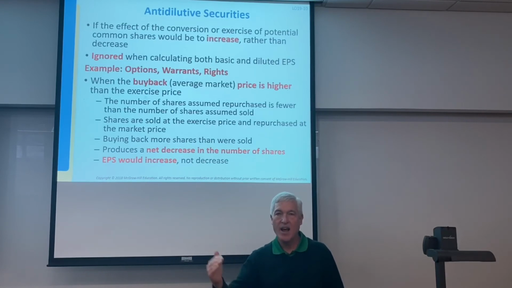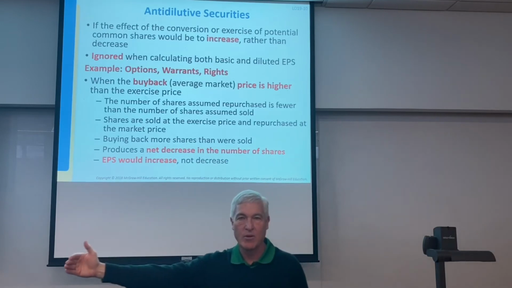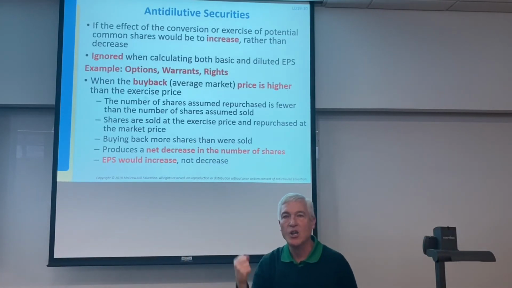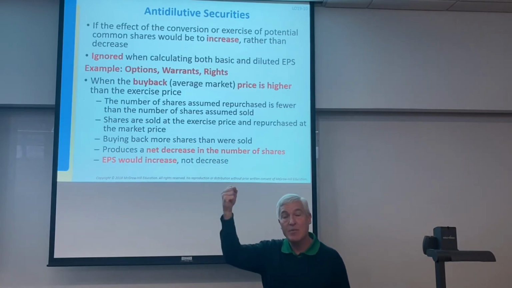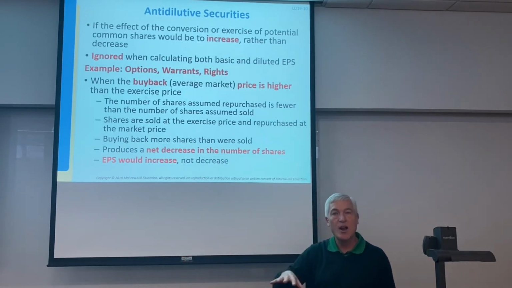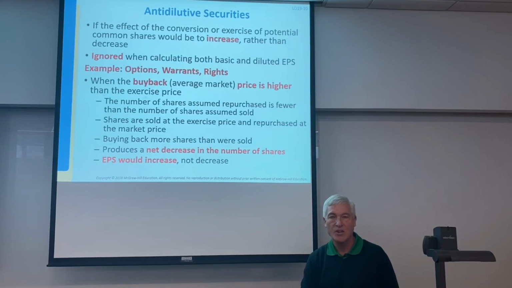So only conversions of common stock, preferred stock, or convertible bonds that would create a lower EPS. If one of those conversions creates a higher EPS, we exclude it because we're trying to show the shareholders more in diluted EPS. What's the worst case situation if everything was converted? And so things that improve it, we just exclude those.